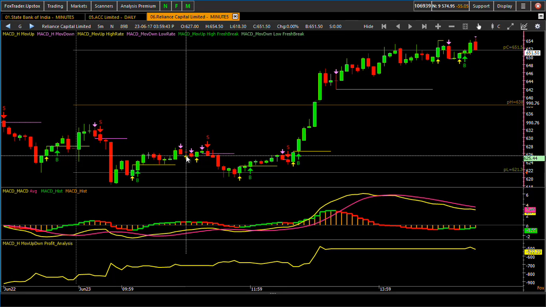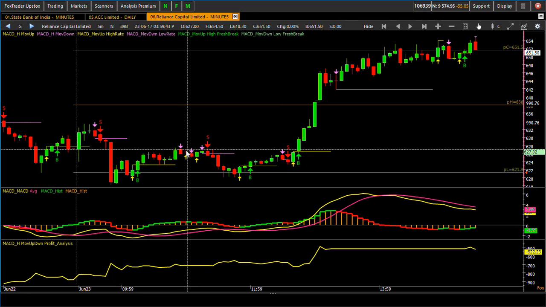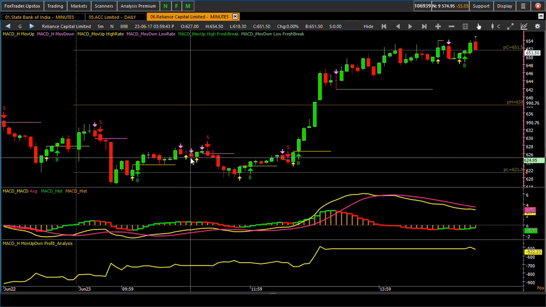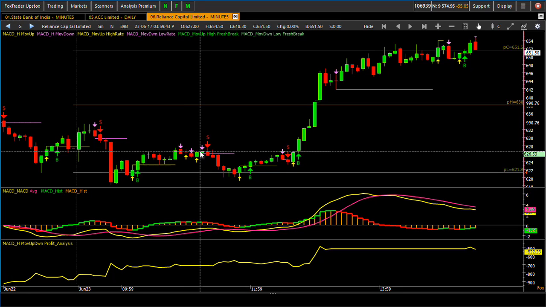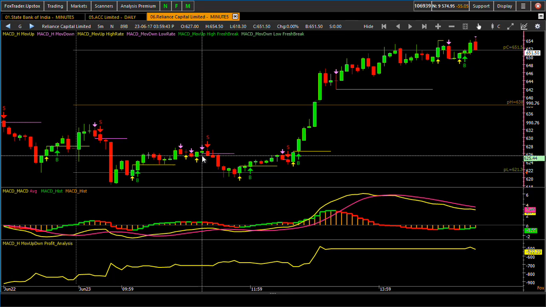Immediately after that I got a buy signal, but the high was not broken, and immediately after that I got a sell signal. Again for the sell signal the low was not broken, I got a buy signal, right? And for this buy signal again the high was not broken, and I got a sell signal. For this sell signal the low was broken and I could trade upon this bar, right?